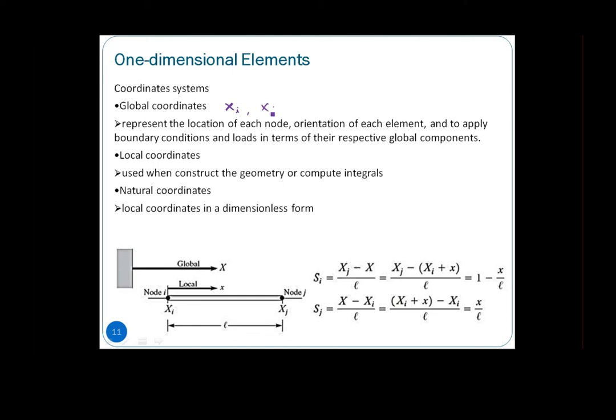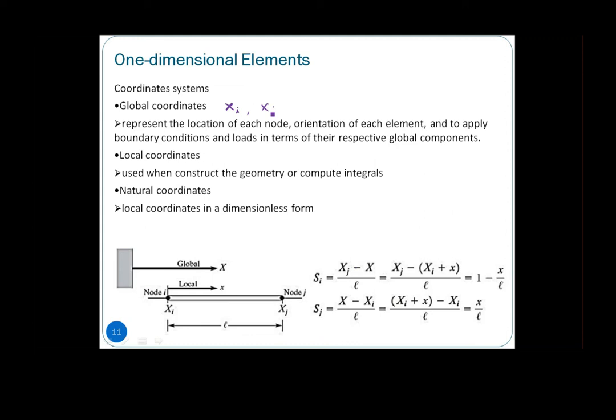This capital X, or global coordinate, usually represents the location of each node and the orientation of each element, and it is used when we want to apply boundaries and loading, like what we used in our first examples in axial loading, in terms of their respective global components.